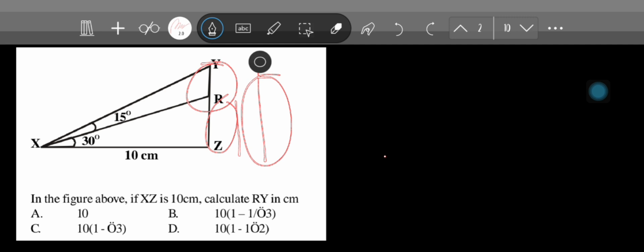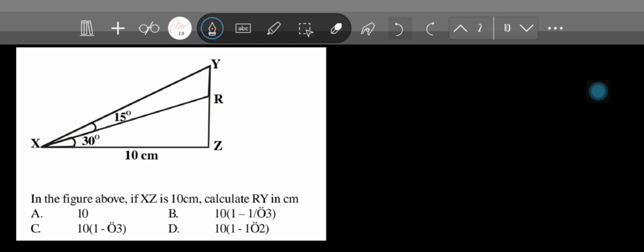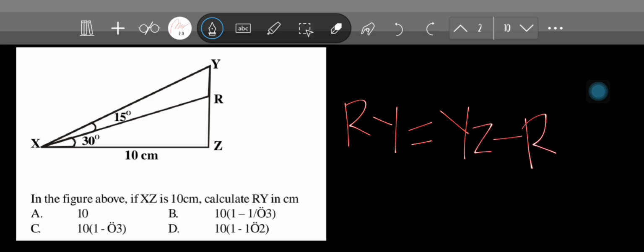So that is our strategy. That's what we're going to do here. So from what I just explained, we know that ry equals yz minus rz. Let's call this equation 1.